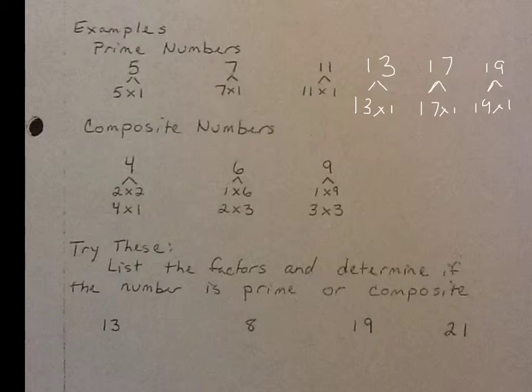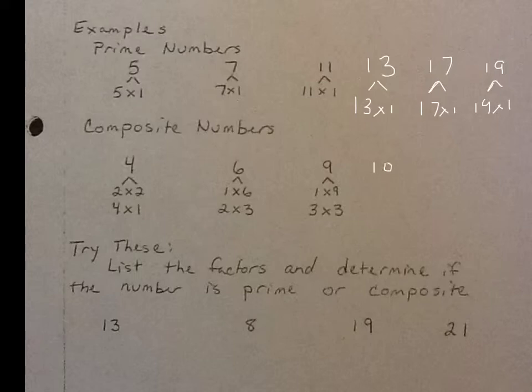Okay, now composite numbers, there's a ton of composite numbers out there. The majority of them are. So we have 4 here because it's 2 and 2 and 4 and 1. 6 is 1 times 6 and 2 times 3. 9 is 1 times 9 and 3 times 3. You could do 8, you could do 10.